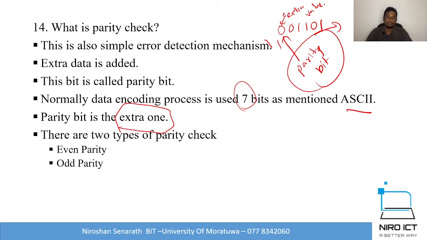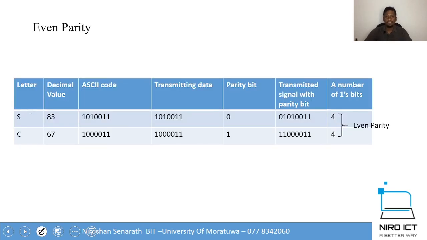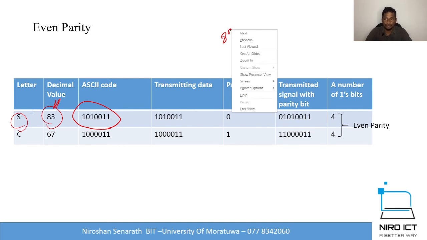There are two types of parity checks. One is called even parity and the other one is odd parity. Let's see one by one. Here you can see the diagram. This is the letter and the decimal value belonging to it, and this is the ASCII code for 83. If you don't remember that part, please try to solve this one, right?